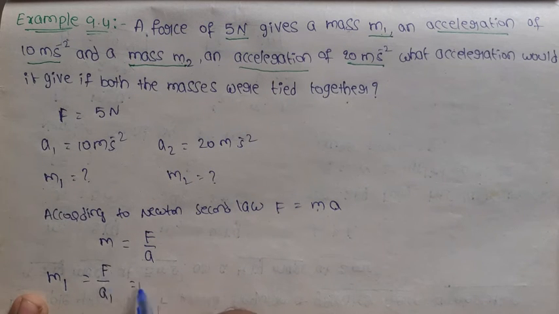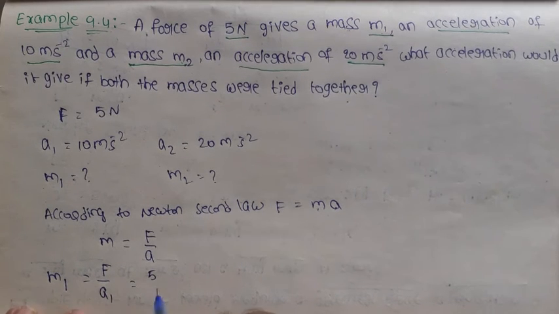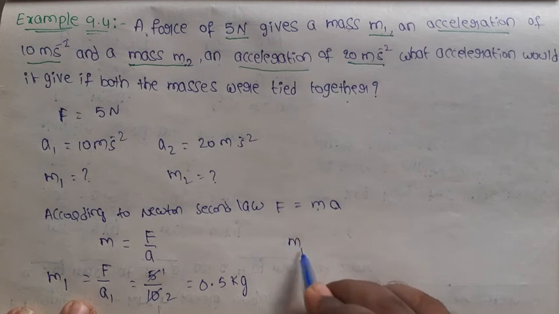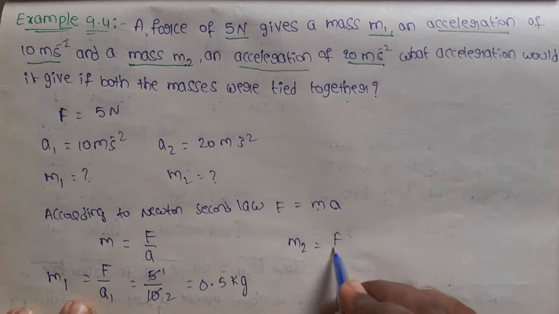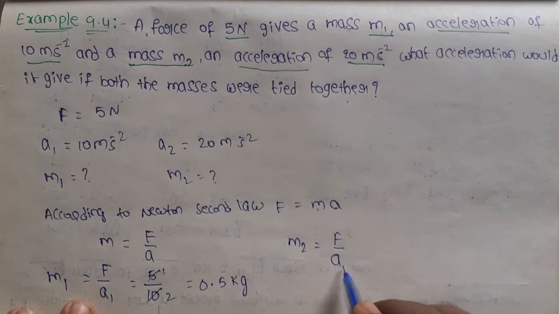So substitute here, F value 5 Newton, acceleration A1 value 10. How many times gets cancelled? 2 times. So 1 by 2, 0.5 kg. This is the m1 mass. Similarly, I am going to find m2, F by A2.